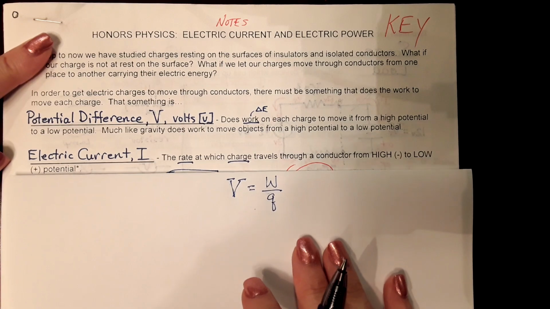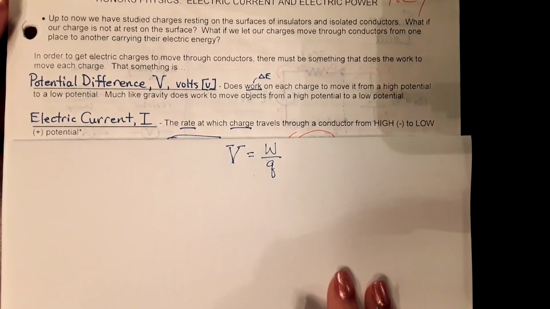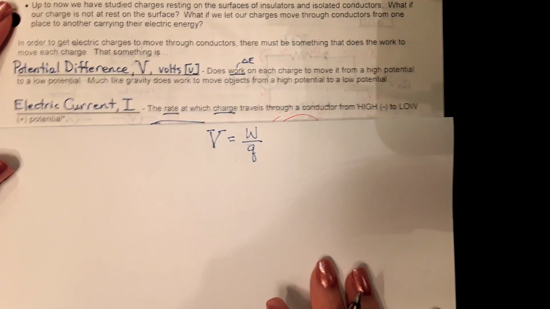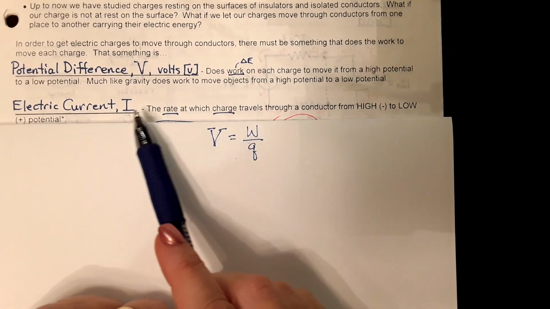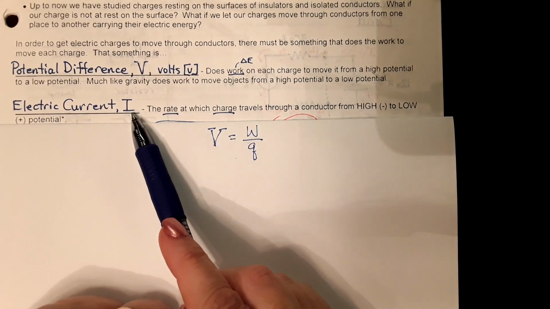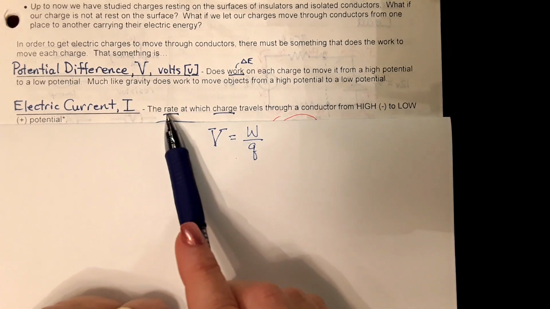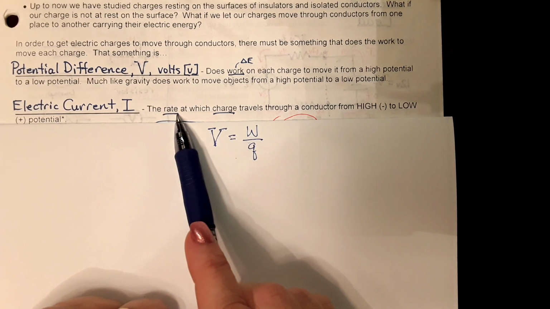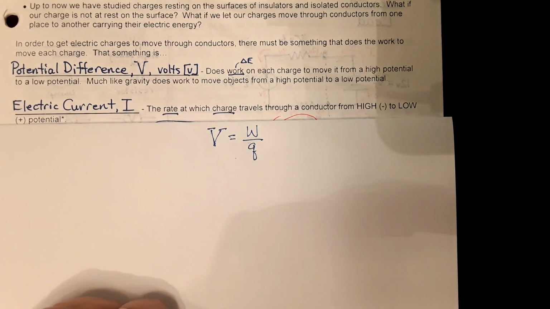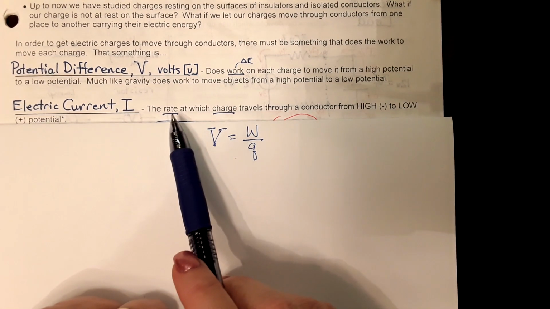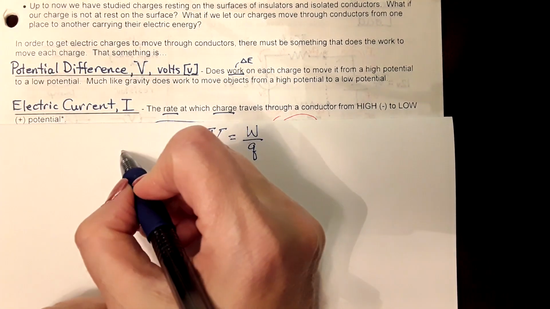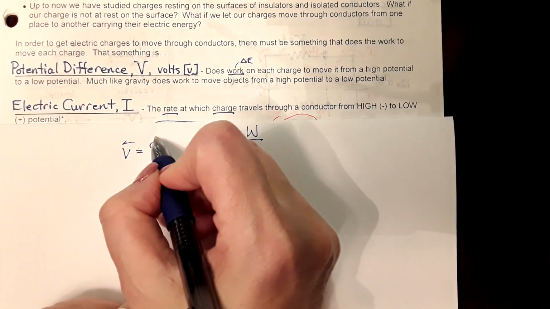All right, so when the charges are moving through the conductor, we call it an electric current. Notice electric current is indicated with a capital I. That's the symbol that we use for electric current. Now, also notice it says right here that electric current is a rate. We know something about the term rate. This is a term we've looked at many times already. We've looked at velocity as a rate.